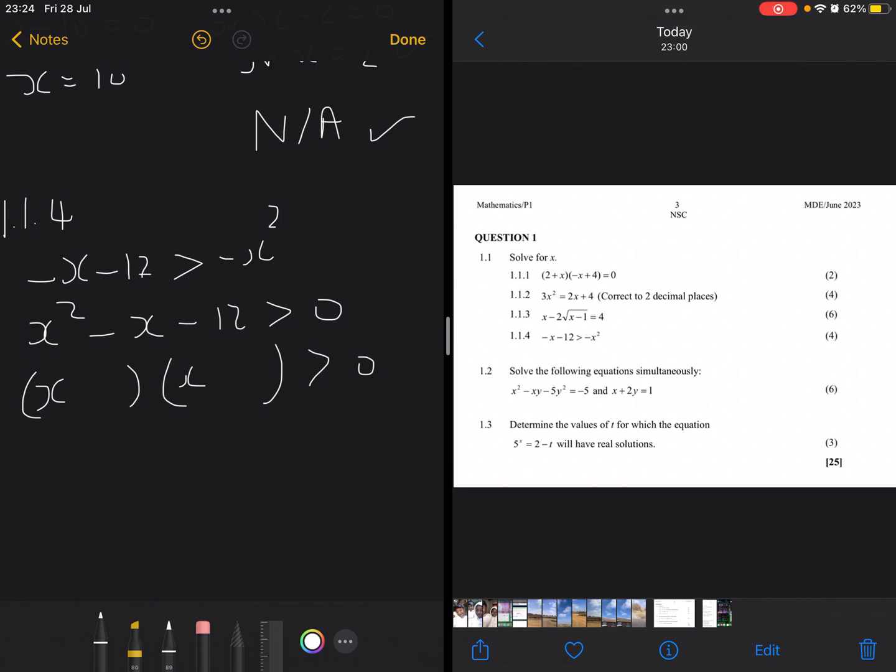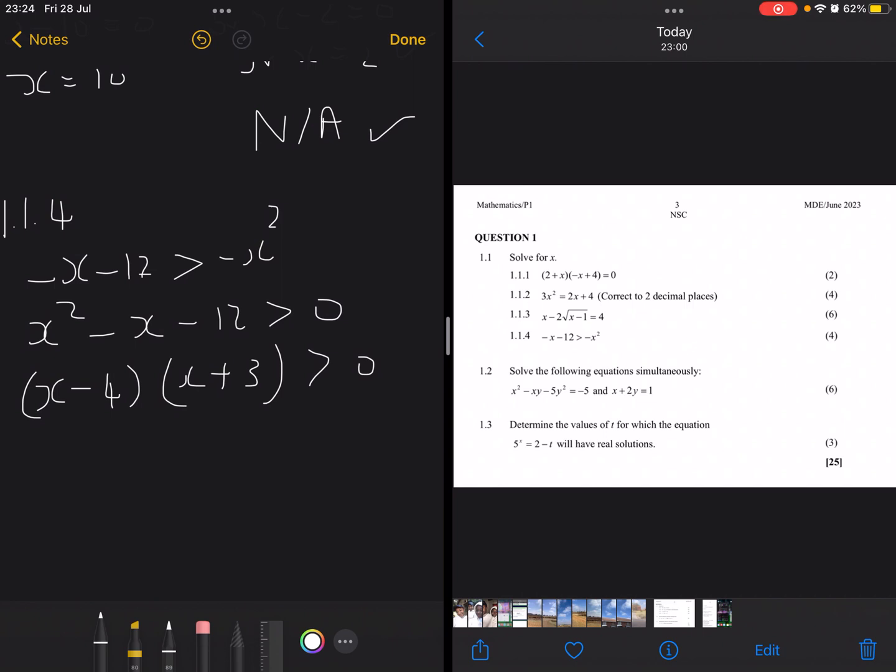Then we're gonna have a minus and a plus because the sign of 12 is a negative, so it means the signs are different. And factors of 12 that give us a 1 would be a 4 and a 3. But then to get a negative x, you must have a negative 4 and a 3, like this.